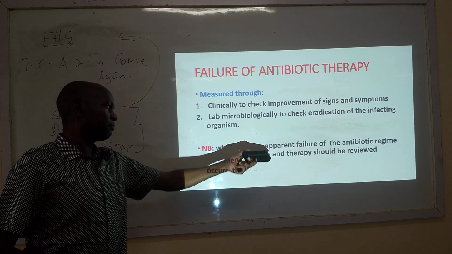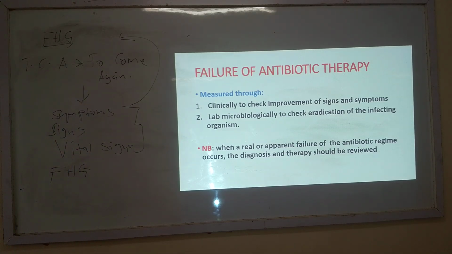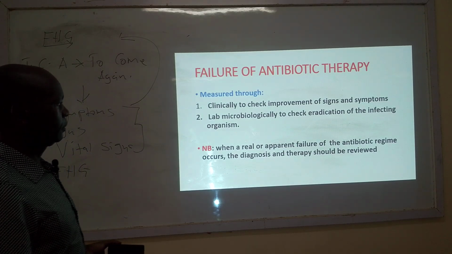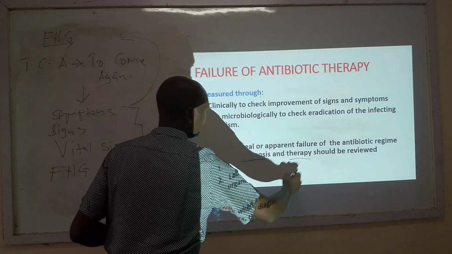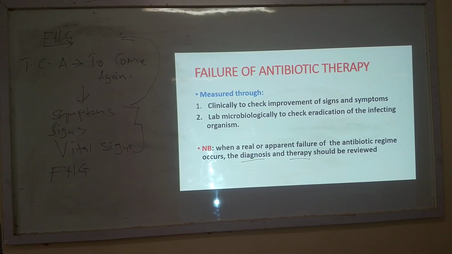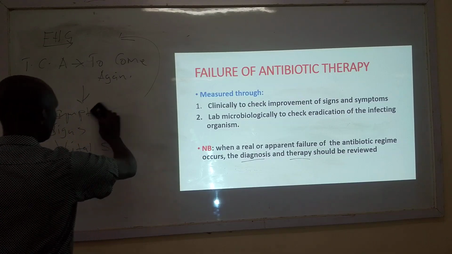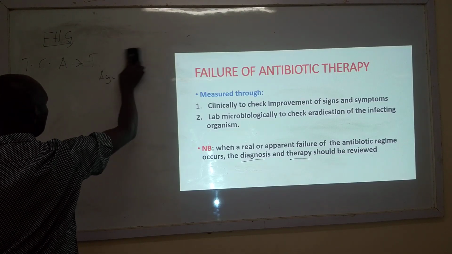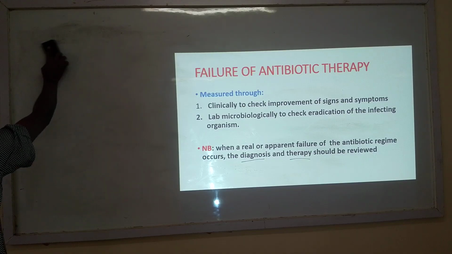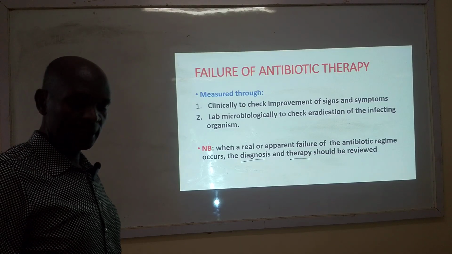But when you suspect there is apparent failure, then you must review your diagnosis. You must also review therapy, and sometimes what we call compliance. Sometimes some patients might not be very compliant to medication. Those are some of the things that can cause failure.